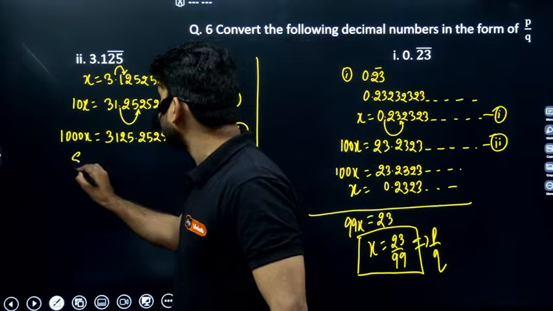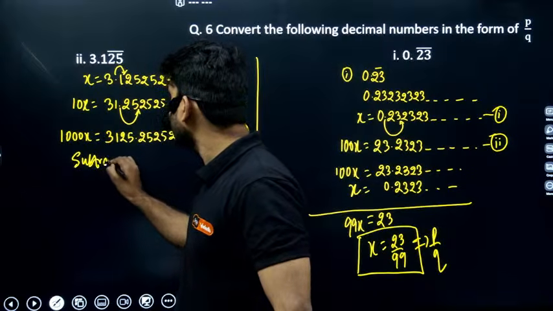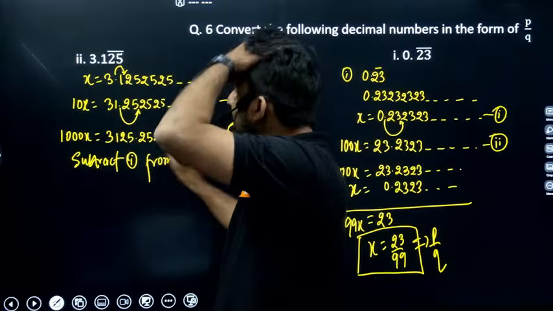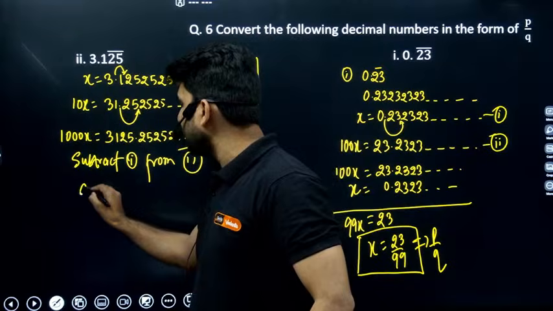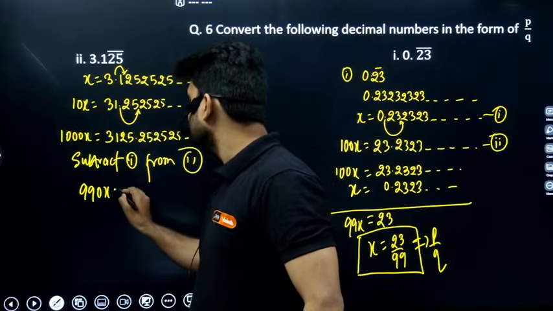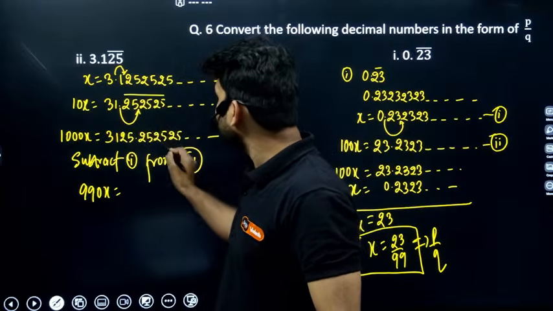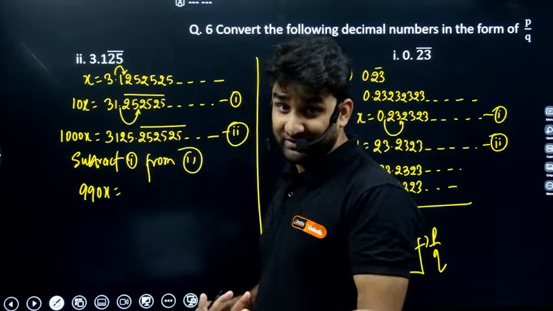So subtract first from 2. So 100x minus 10x, this will be 990x. And when you subtract this from this, after the decimal portion both are the same, so they will be cancelling each other.